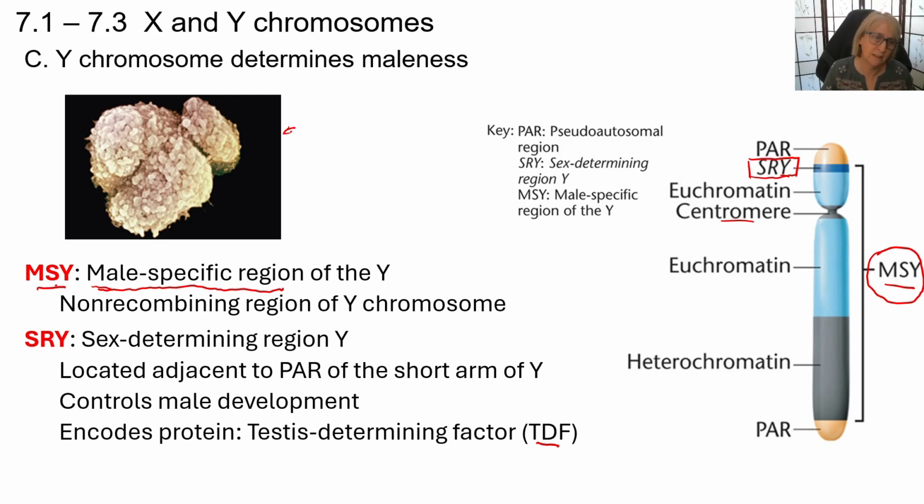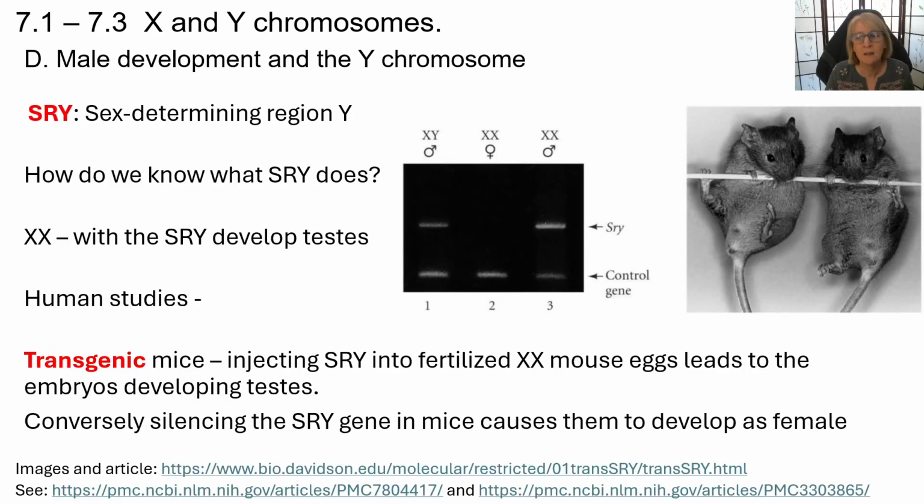This picture up here is actually just a picture of the Y chromosome. The SRY, that sex-determining region of the Y, we actually have a pretty good idea of what it does and when it acts. If I have some crossing over that accidentally occurs, and we do this on purpose within mice, but we actually do see it in some of the human population, there's always a chance that you do some crossing over between the X and the Y, and you're not just doing the tips of the Y chromosome.